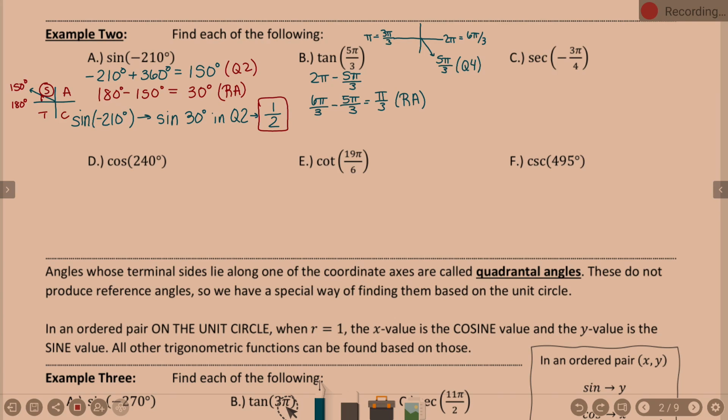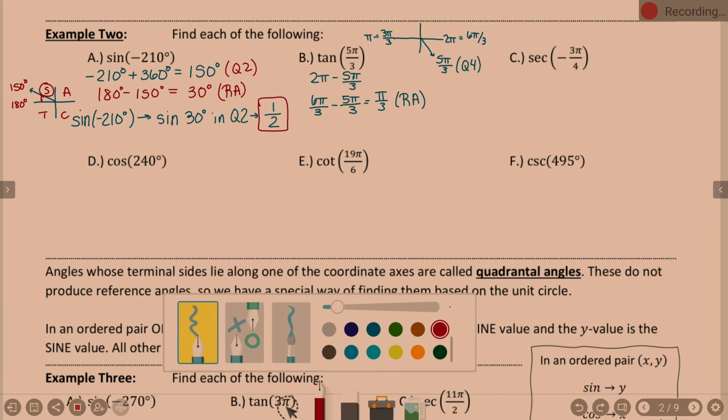We just found the reference angle. Pi over 3 is our reference angle, but we also want the quadrant. It's like this one right here. 30 degrees is our reference angle.